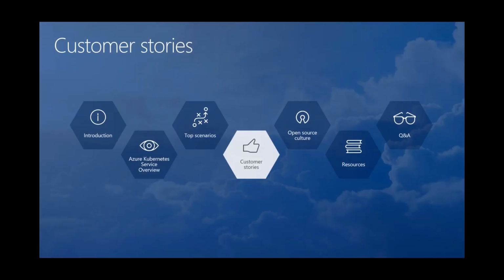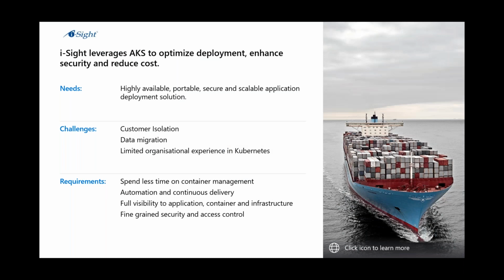All right, so we'll go into a customer story here. One of our customers, iSight, is leveraging Azure Kubernetes Service, and some of their needs were to have a highly available, portable, secure, and scalable application deployment solution.